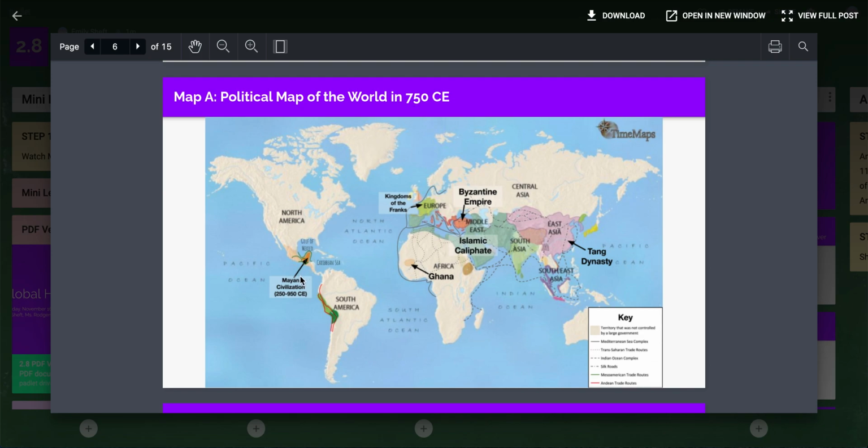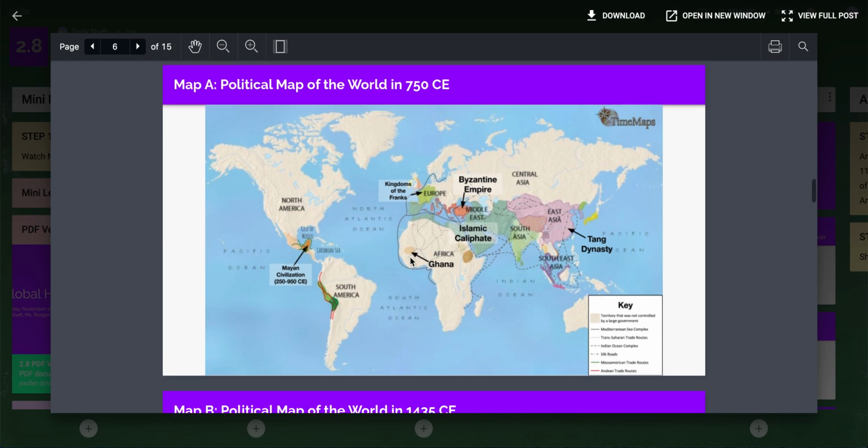The Maya, in contrast, are just part of the Mesoamerican trade routes, which is a local trade route for the people living in this region. So the Maya were basically limited to themselves and maybe some other very small groups of people that lived there. But the Maya were the largest group in this area.